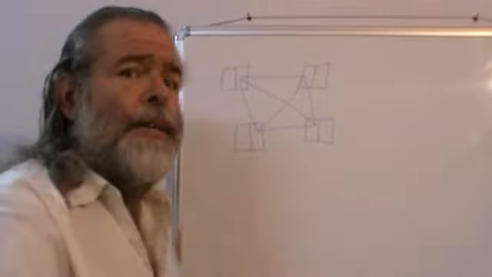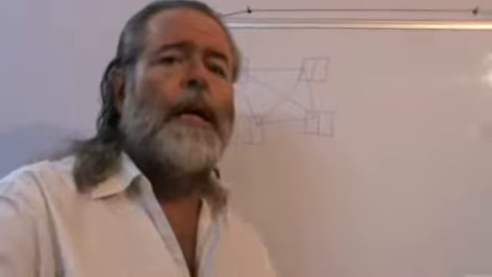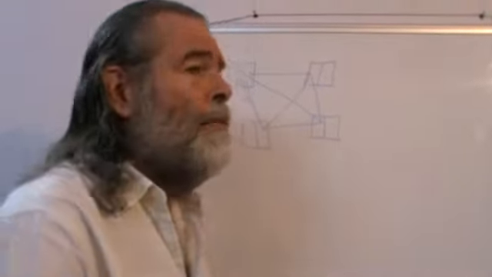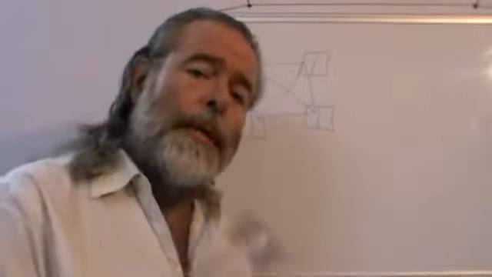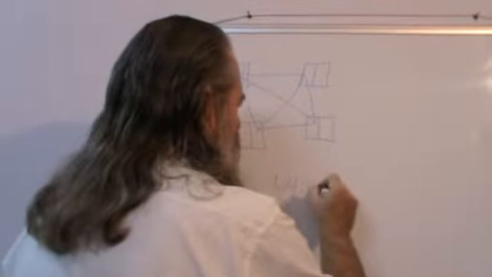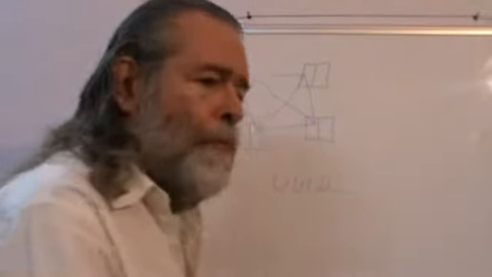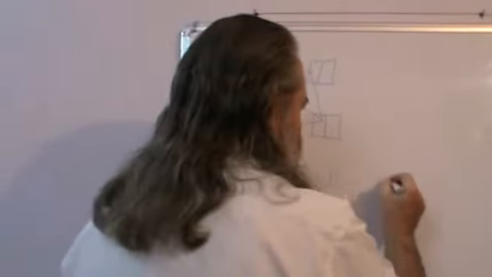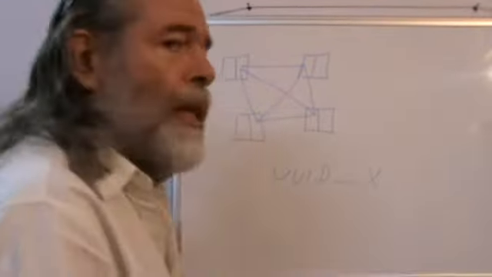Now, how do you know the home database of a given roll-on? Well, every roll-on has a unique identifier, which is a UUID postfixed by the name of the database. So that makes it easy.